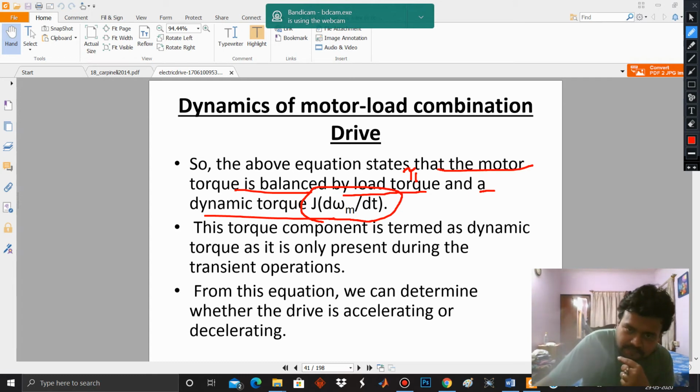So obviously, if omega m dot is greater than 0, it is accelerating.